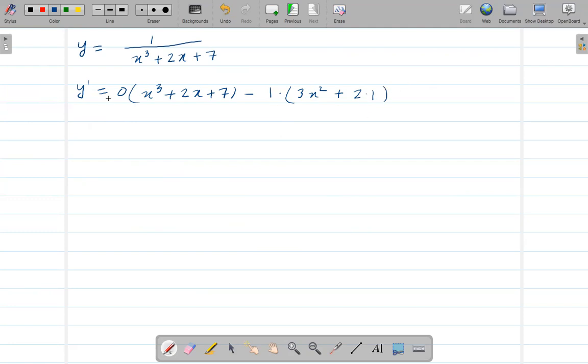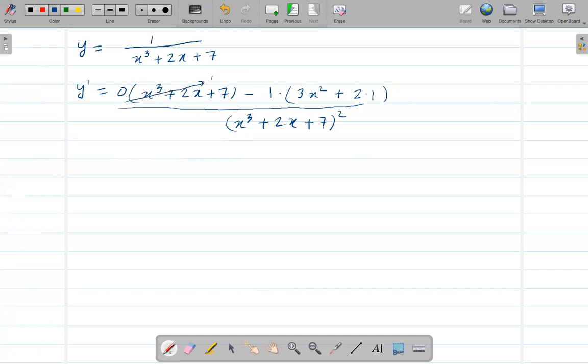Now over the square of that, the square of x to the power 3 plus 2x plus 7. When you multiply 0 with this whole thing, 0 times anything is just 0.